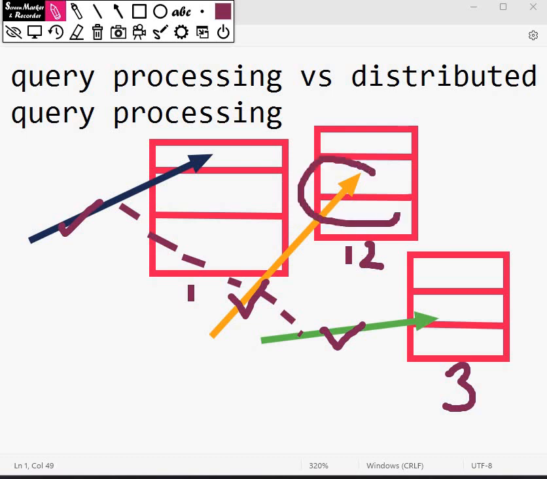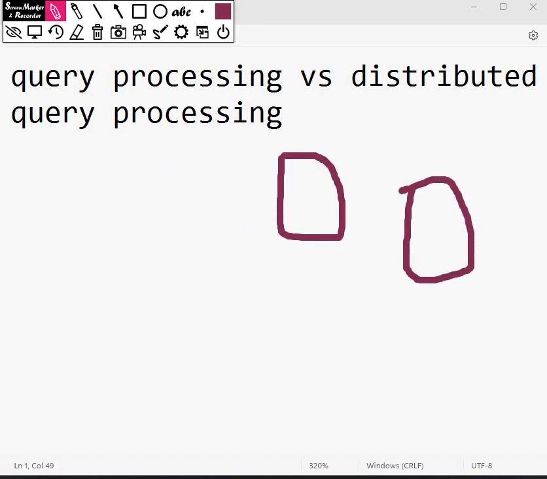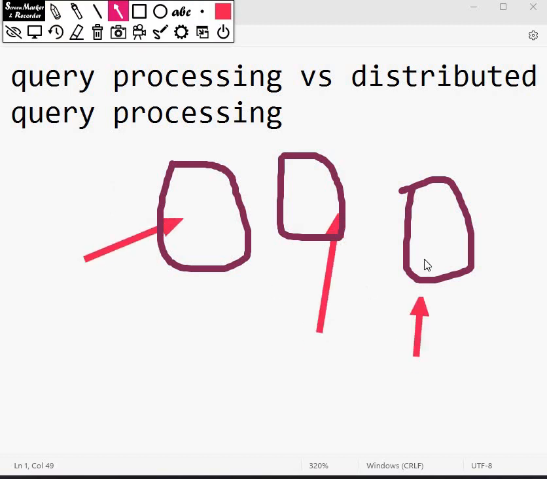So maybe let's say this librarian got the book, so he or she will update the first and third librarians and tell them that yes, we've got the book, and we can just finish the work. In the same way, if we talk about distributed query processing, data will be fetched from different nodes. So it could be like this is the first database, second, and the databases are on different nodes. So every time you ask for specific data, it will be fetched from different nodes.